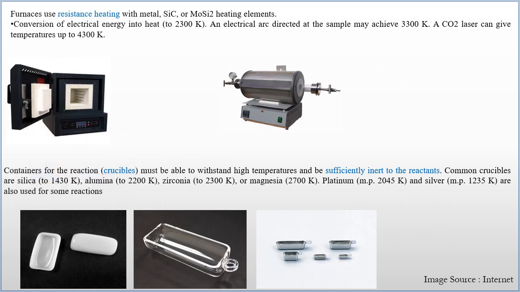So how to heat the material? Now we are talking about the reaction condition. There are several ways. First of all, how should we contain that sample? If you pay attention to the cursor here on the bottom of the slide, the container of the reaction is usually called a crucible, and A, it should be able to withstand that high temperature.